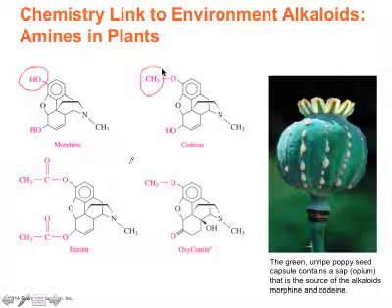Looking at heroin and OxyContin. OxyContin, I believe, is a synthesized drug, and it looks very similar to codeine. Probably they start with some of those molecules, but there's an extra OH group here.